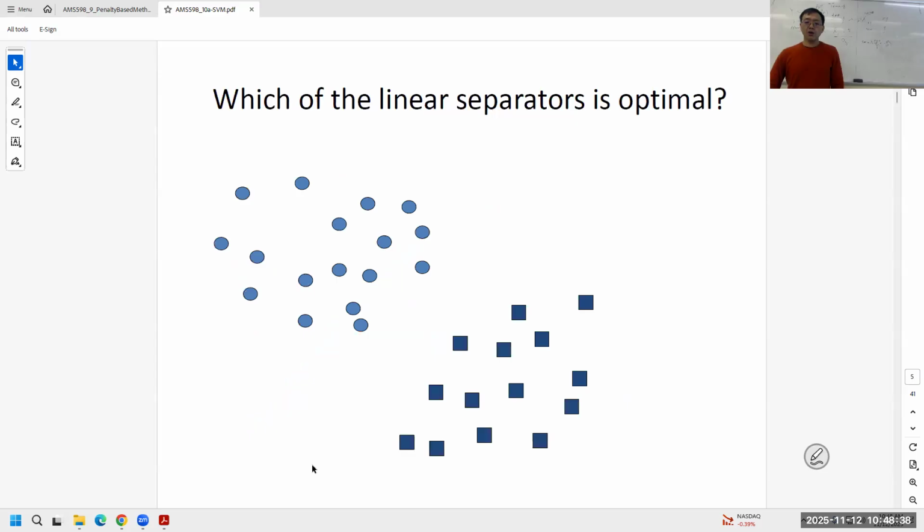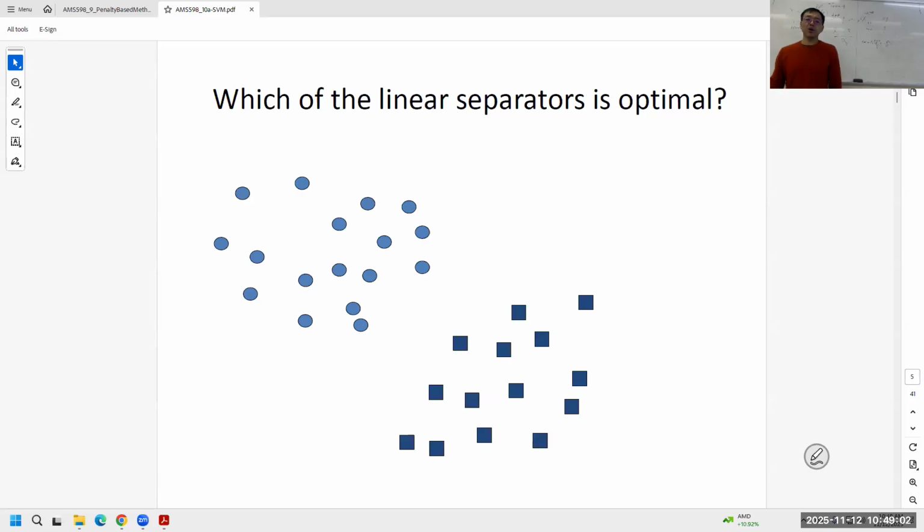Now here comes the question: is there a linear separator that is best, or optimal? Does there exist a linear separator which we can say is the best separator, better than any others?